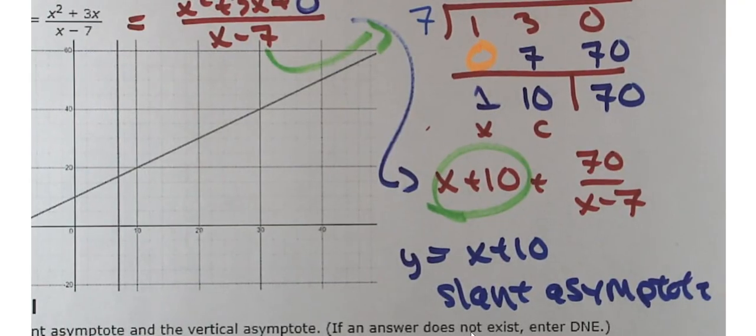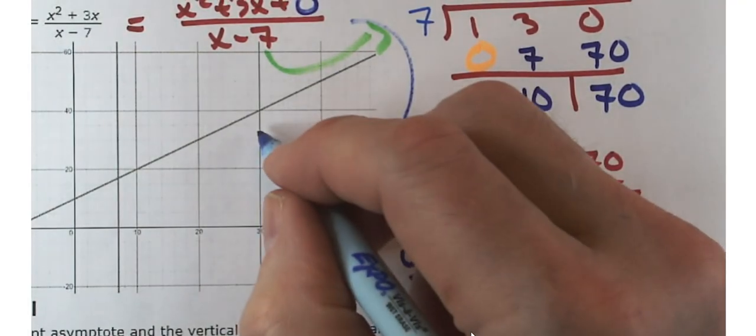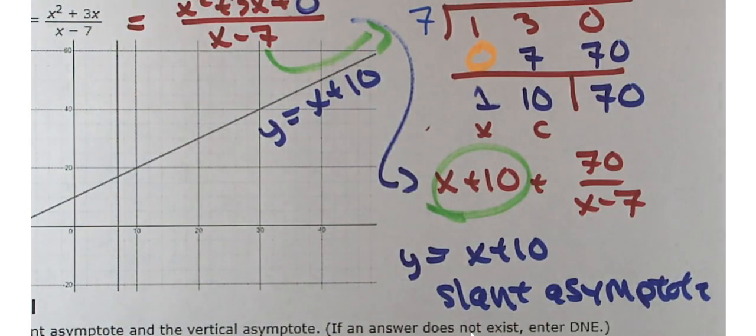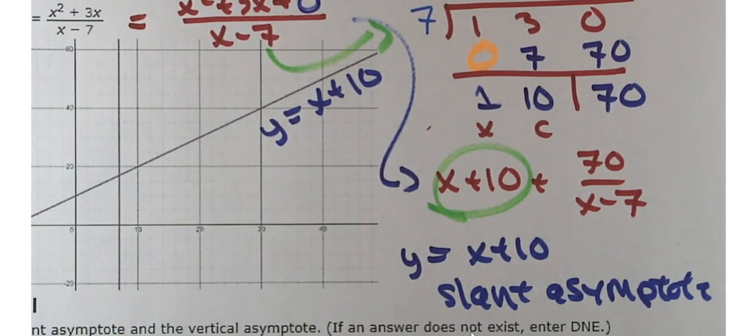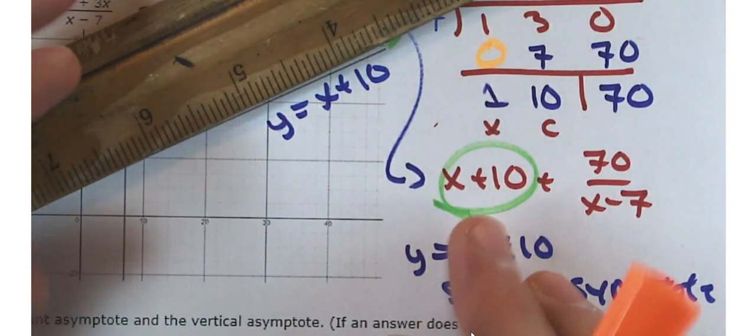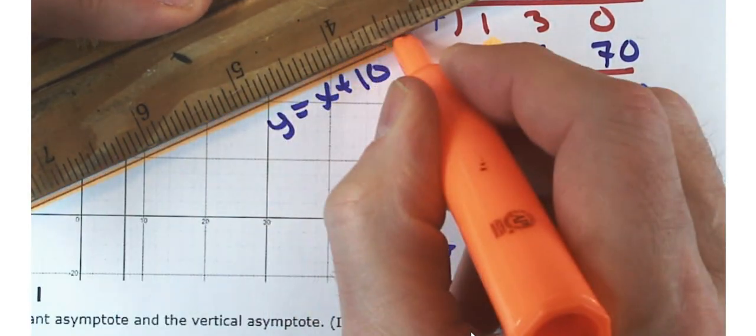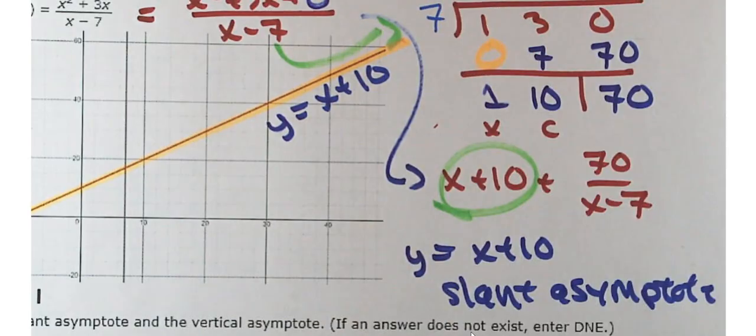Nice. So that's this thing right here. y equals x plus 10. Okay, great. So we've got a nice slant asymptote, like that. Where's our vertical asymptote for this graph?